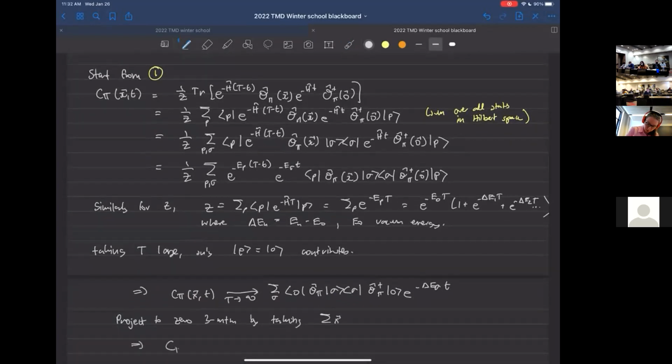Then what we're left with is just something with a time dependence, this is our Euclidean time, so just that one parameter. It's the sum over all x's of this.